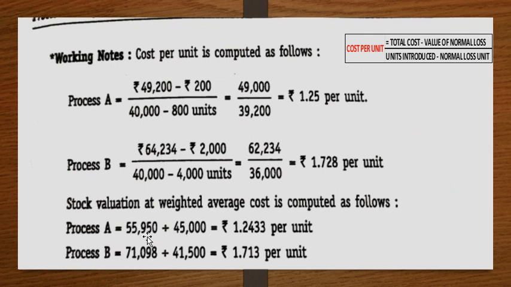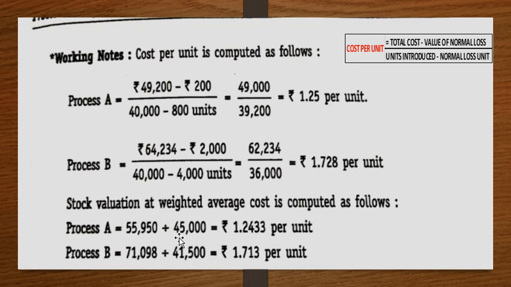So 55,950 divided by 45,000 will give you 1.2433 per unit. So this is the value of your closing stock.